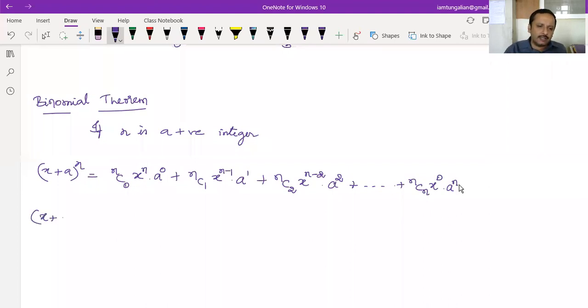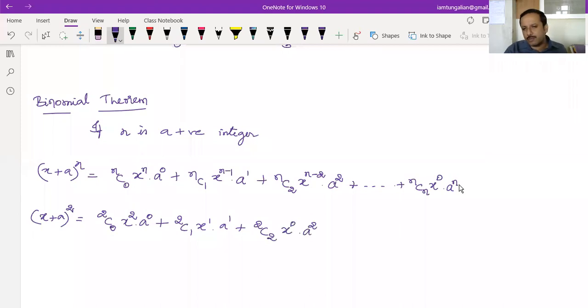For example, if I take (x plus a) whole square, here n is 2, go on substituting: 2C0 x square a power 0, plus 2C1 x to the power 2 minus 1, that is 1, into a power 1, plus 2C2 x to the power 0 into a square.